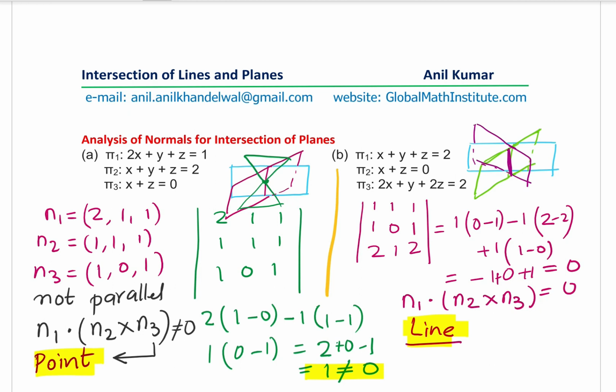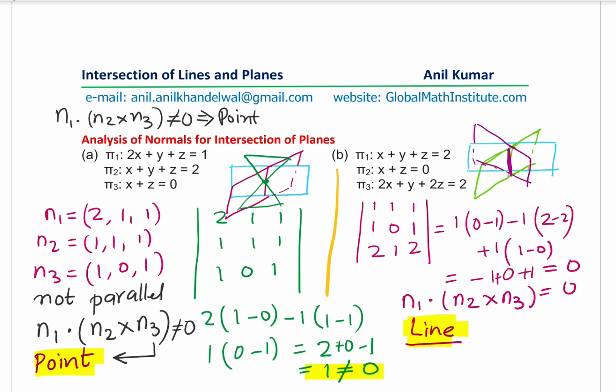So what we have considered here is a very simple thing, and that is we just calculated scalar triple products. It was very important. If it is not equal to 0, we are getting a point of intersection.